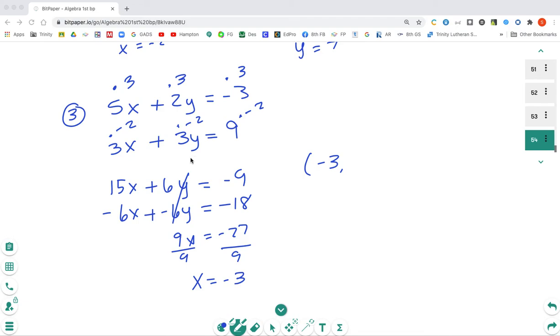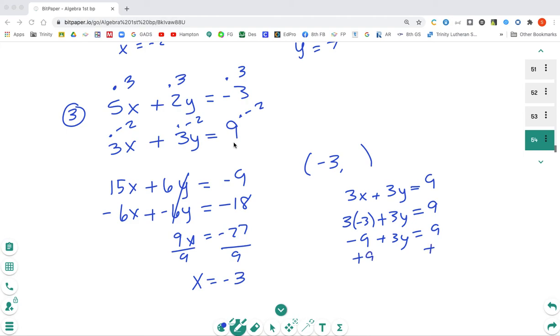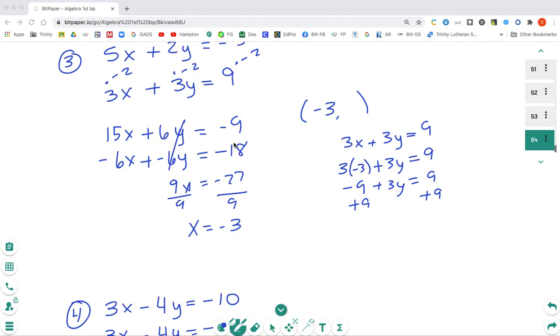Now I'm going to go ahead and use the second equation because it has smaller numbers. So I'm going to do 3x plus 3y is equal to 9. 3 times -3 plus 3y is equal to 9. -9 plus 3y is equal to 9. Zero pair out the 9. 3y is equal to 18. Divide by 3, divide by 3. Y is equal to 6.